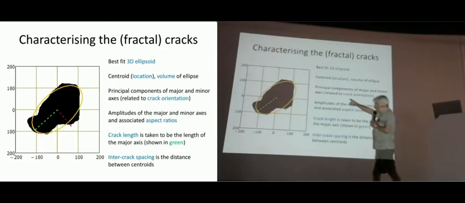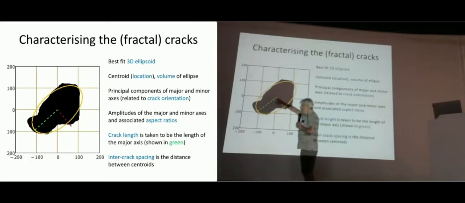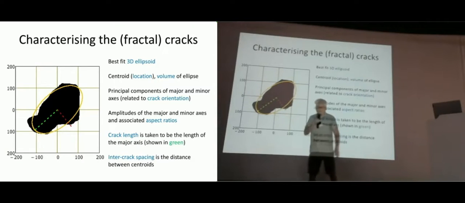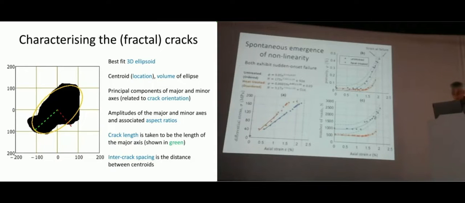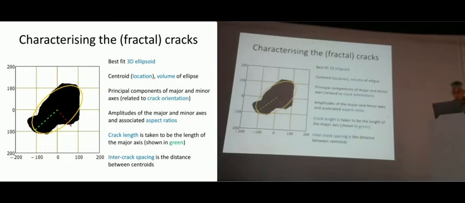Once we've got the best fit ellipse, we can get the centroid, the location of the crack, the length, the width, and the volume, and then do statistics on those parameters. We can also get the angle of slope, and the aspect ratio. A lot of you mentioned that this week and how it might affect seismic observations.